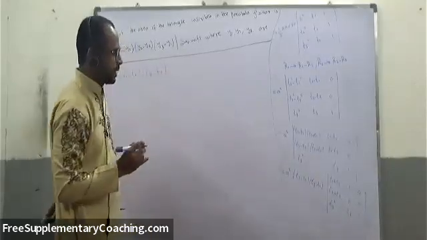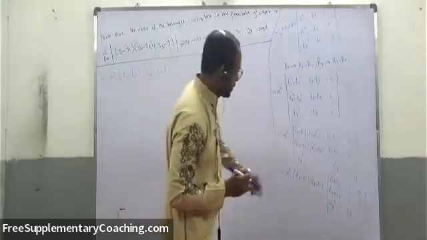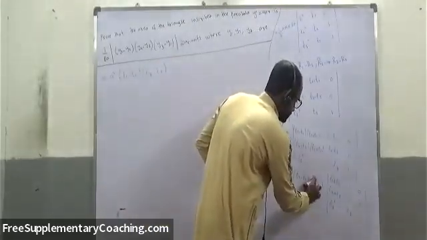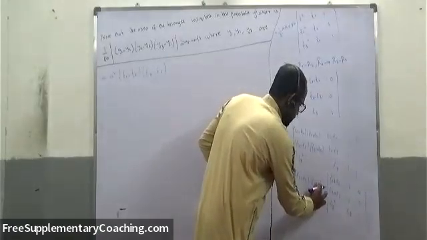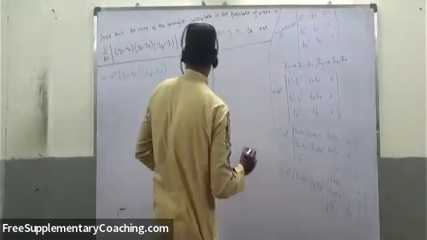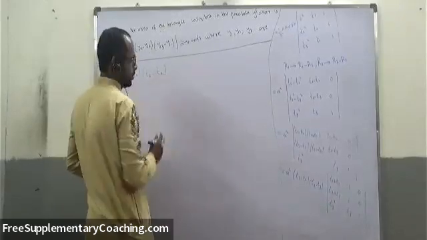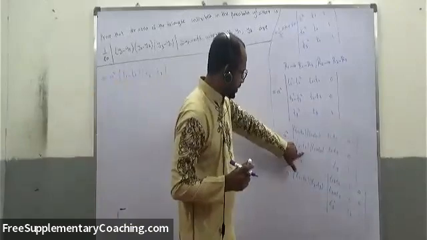Okay. What is the common we have taken here? T2 minus T3, not T3 minus T2, just a little bit of rectification. T2 minus T3. Here also T2 minus T3. From the second row, we have taken T2 minus T3 common.